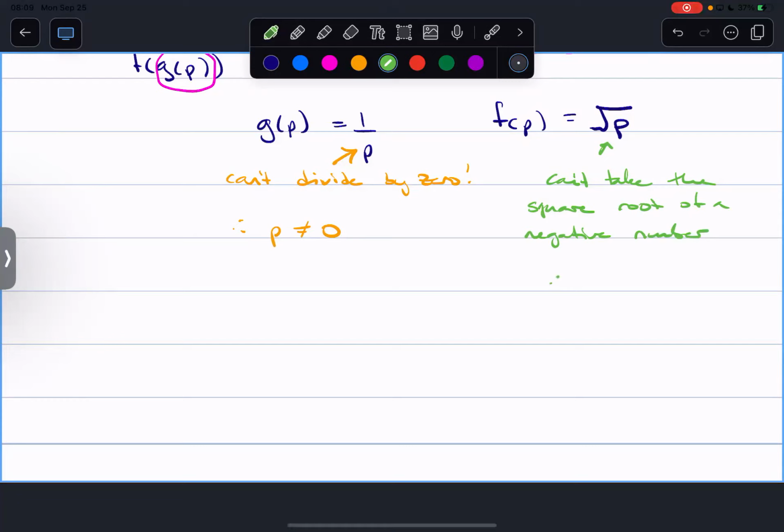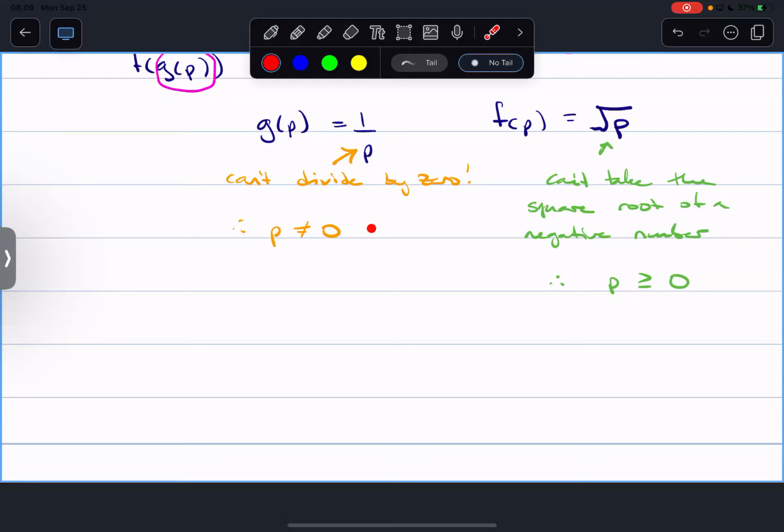In this case, if f was the inside function, then p must be greater than or equal to 0. I'm realizing that sometimes I say what it can't be, and sometimes I say what it should be. That's inconsistent, but I'm just cutting corners.